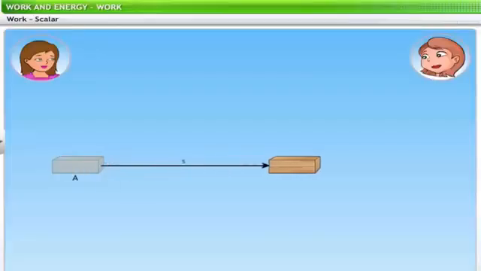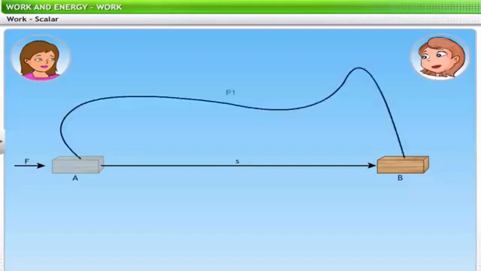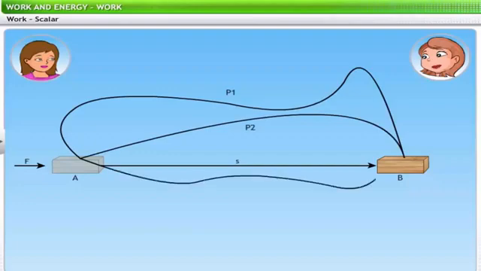What about the path followed by an object regarding the calculation of the work done on it? Doesn't that affect the work done in some way? Not really. Consider an object displaced from the point A to the point B on the application of a constant force F. The object can be displaced from A to B in any of the paths, that is, P1, P2 or P3.